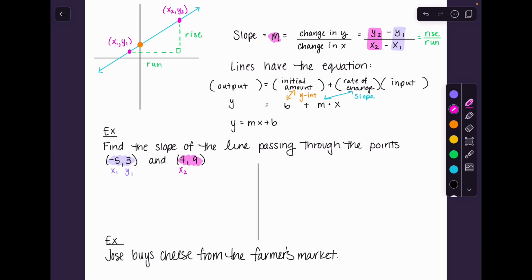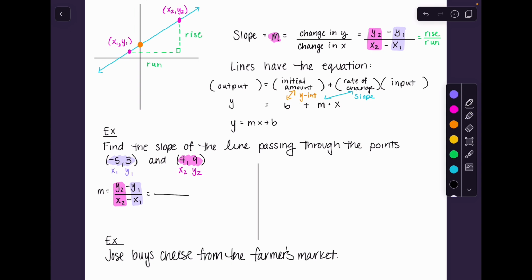Just seems the most natural. This first one's first point, second one's second point. So our slope is the difference in y values divided by the difference in x values. And again, just staying consistent. x2, y2 is a point, and these two come from a single point.